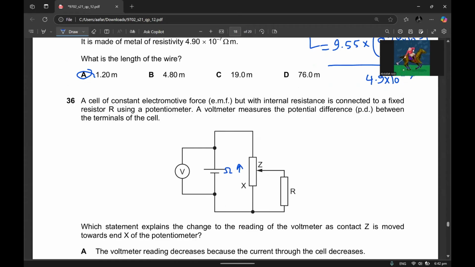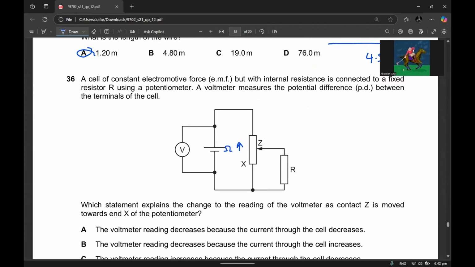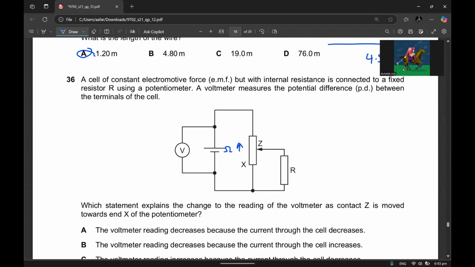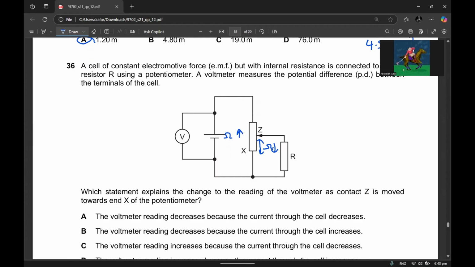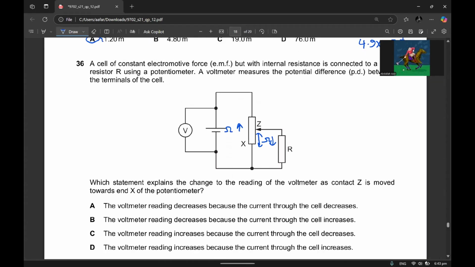So if its resistance is increasing, that means the total, wait, we'll be considering this part. Yeah, sorry, we'll be considering this part, okay? So its resistance is decreasing. If its resistance is decreasing and it's in parallel with X, that means its total resistance will decrease.